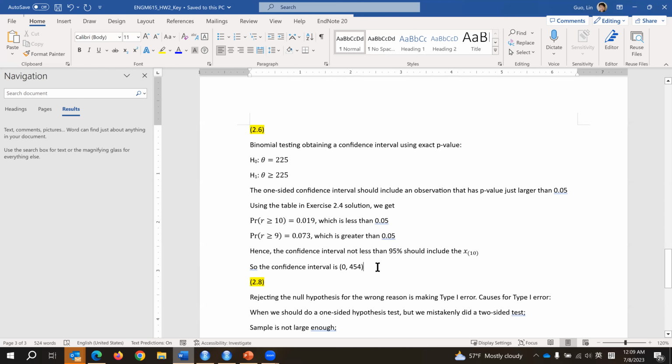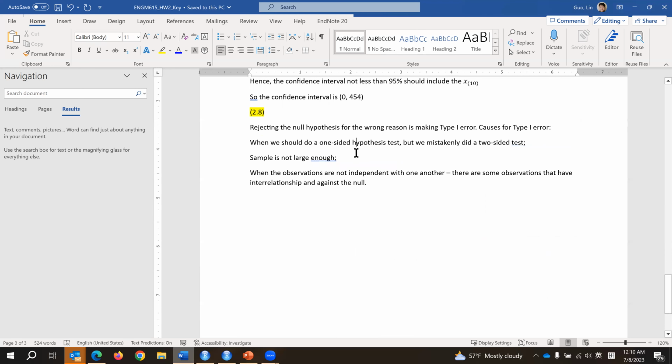Although the lowest value in the sample is not 0, the sample is quite discrete with very limited values, right? So theoretically, we can go even lower. The lowest value theoretically we can go is 0. So the confidence interval should cover from the lowest value, which is 0, to the 10th observation in that sample, which is 454.